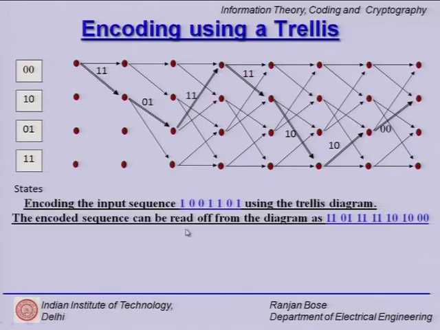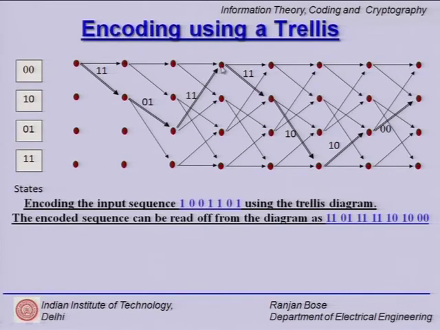Since the input was 1 0 0 1 1 0 1, 1 means down, 0 means, well, we have two options, go up, take the upper branch. Another 0 means of these two branches which are emanating out, please take the upper branch.